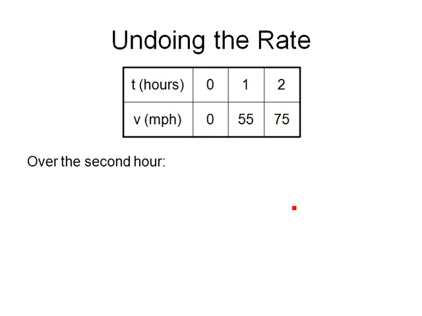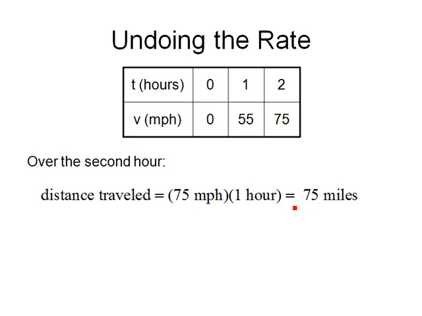Now let's take a look at the second hour. During the second hour, remember, I'm going from 55 to 75. If I assume I did 75 miles per hour for the entire hour, well then 75 miles per hour for 1 hour would take me 75 miles.